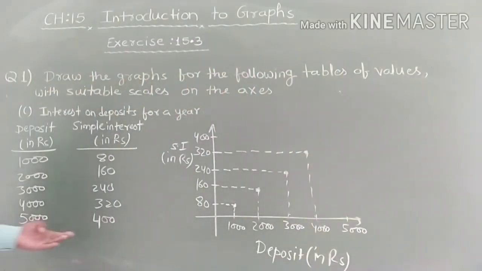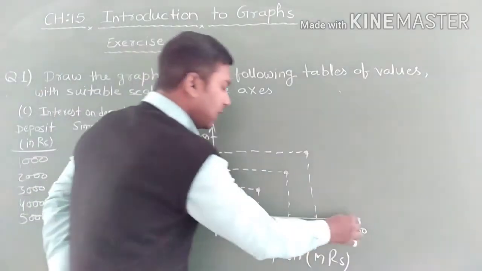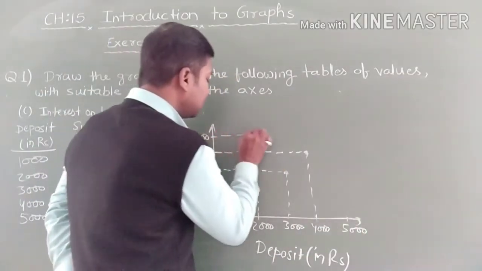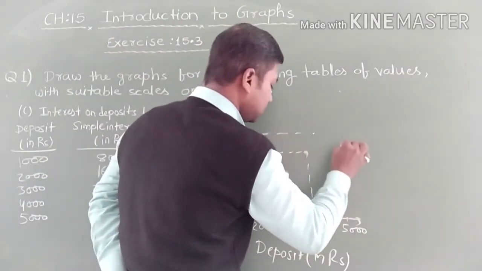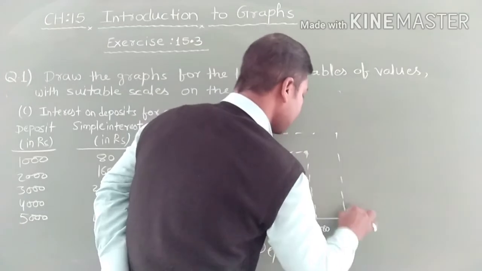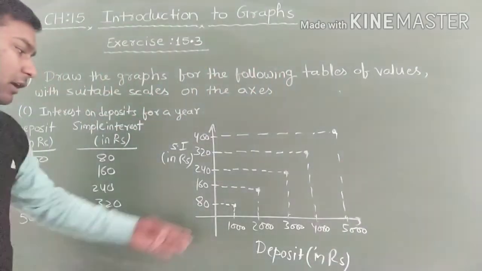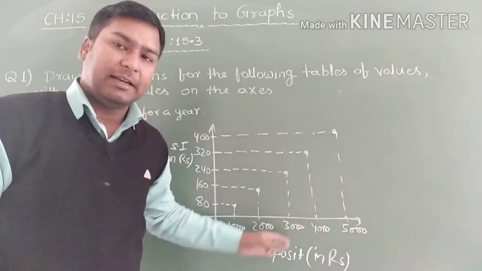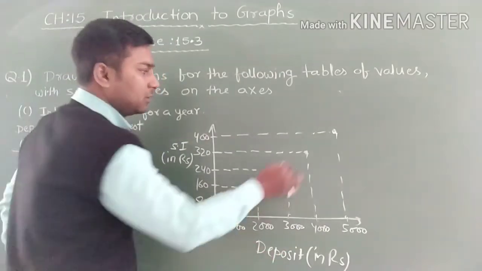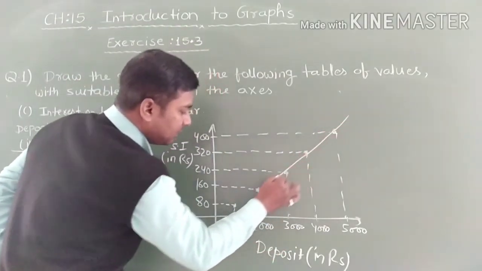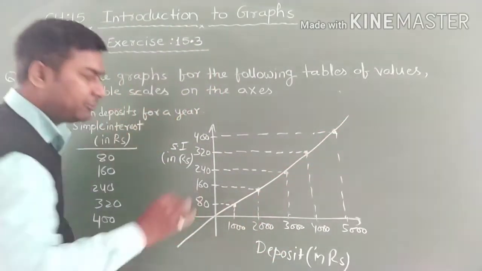Now 5,000 and 400. So this will be 5,000, this will be 400. Now these are the points. We can draw a line passing through these points. So this will be the required graph.